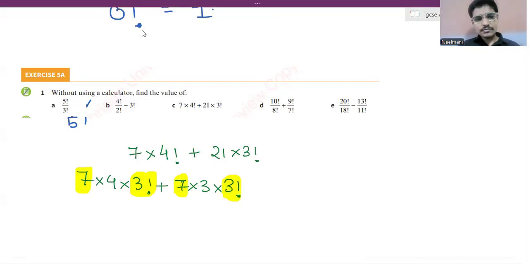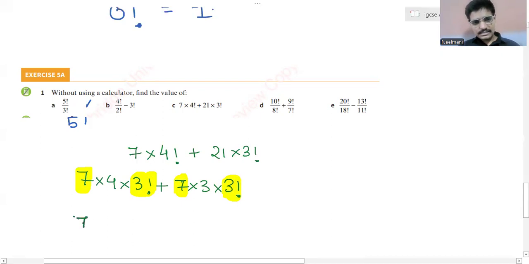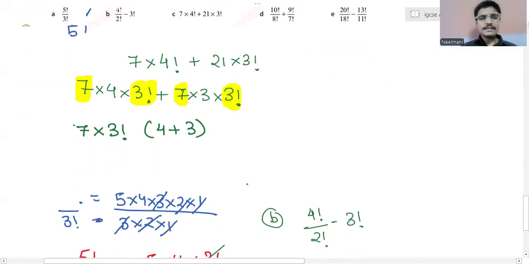So my next step would be 7 into 3 factorial, and I'm left with 4 plus 3. Now this would give me 7 factorial into 3 factorial. That is, 3 factorial is 6. 7 sixes are 42, and 42 into 7 is 294. That's it.